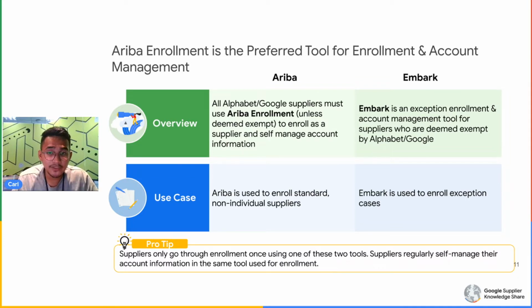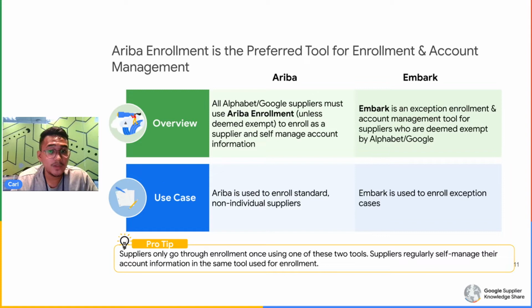On the other hand, for suppliers that are exempt from using Ariba, we use the Embark tool. What is Embark? Embark is an internal tool used to gather information and to enroll a supplier also. But the only times that we use Embark: first, if the supplier is an individual or a sole proprietor type of organization. Second, it is part of the Ariba exemption process.